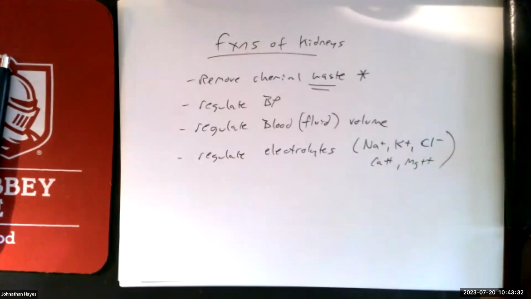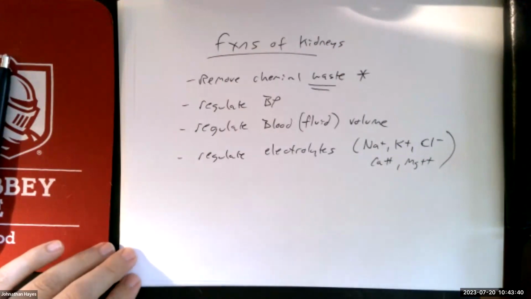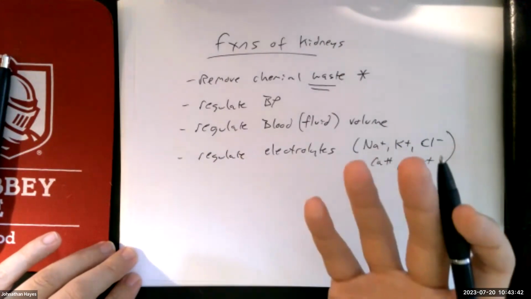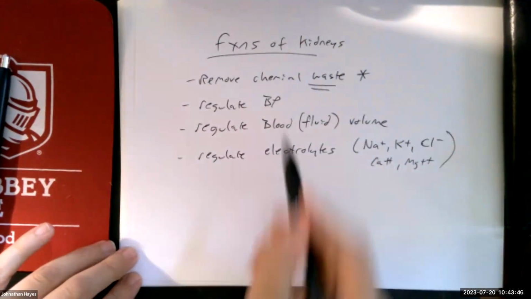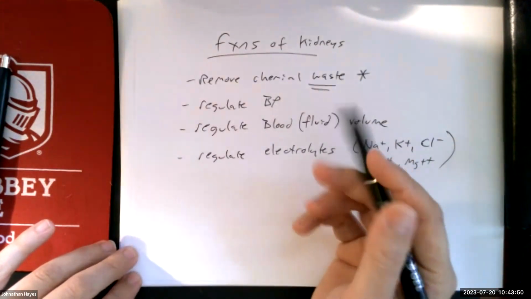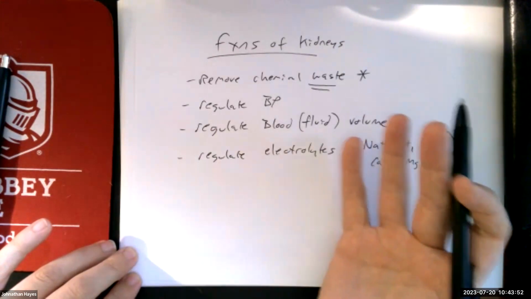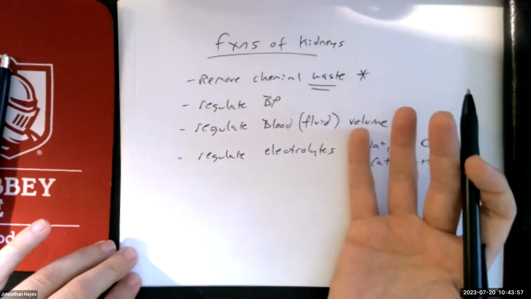These are some of the main functions of the kidneys, but you also have to remember some of the more obscure ones, because they will pop up sometimes. And sometimes the obscure ones are the reason a patient presents with a kidney problem. Like a lot of times, some of this stuff's being all jacked up while the kidneys are failing, and the patient doesn't even notice the signs and symptoms other than maybe they're swelling or the fluid volume's not right? Maybe they're thirsty all the time.